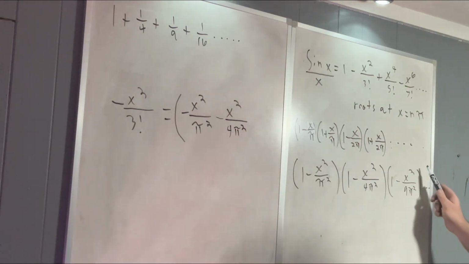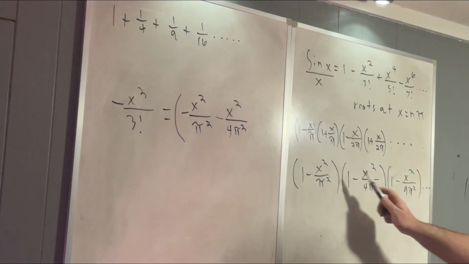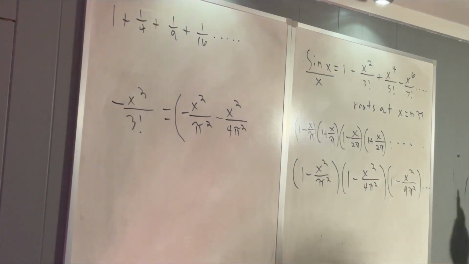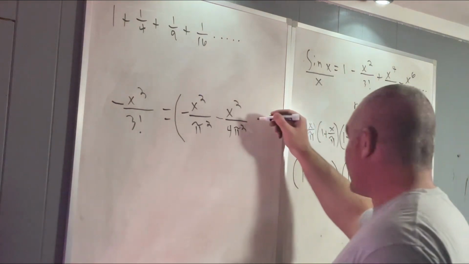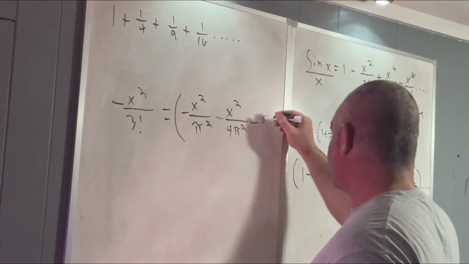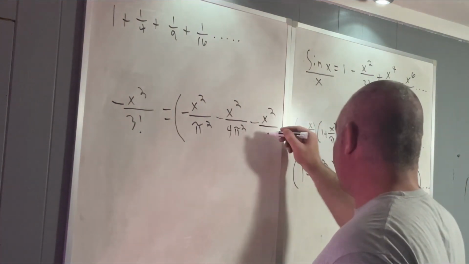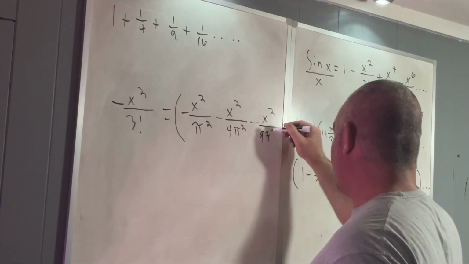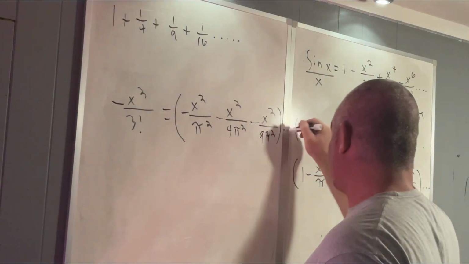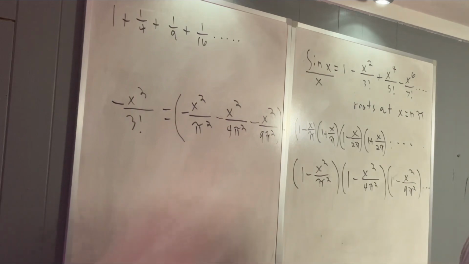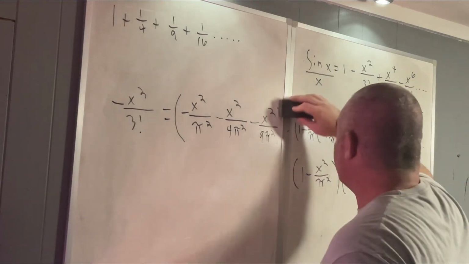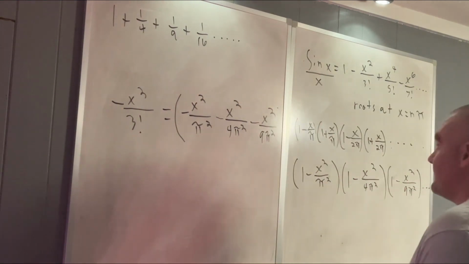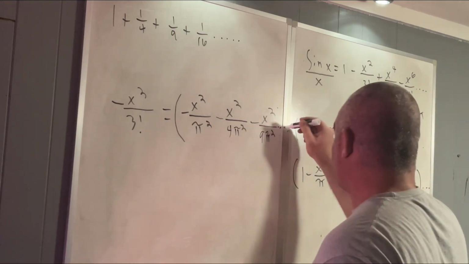Likewise, we can recover an x squared term by multiplying this times this times this times this times this. In other words, minus x squared over 9 pi squared. And that would continue on and on and on forever.